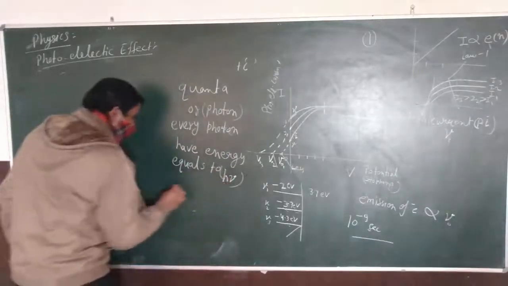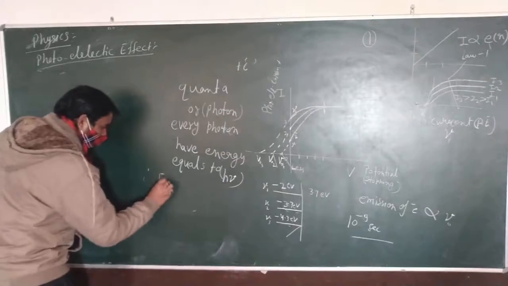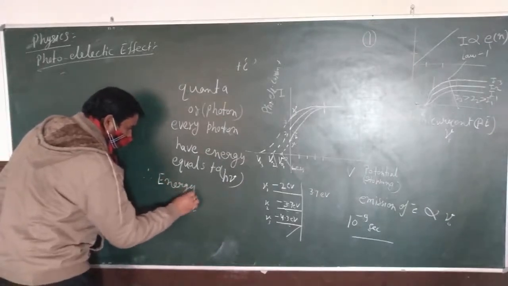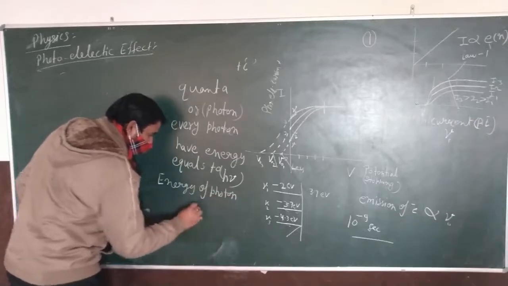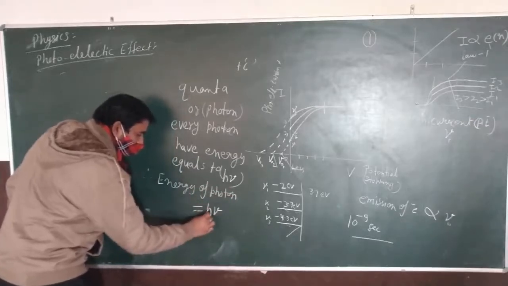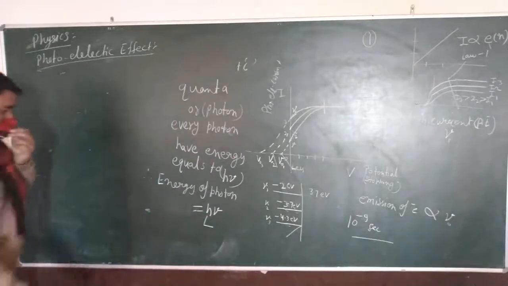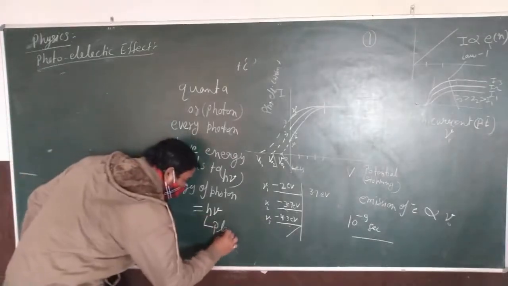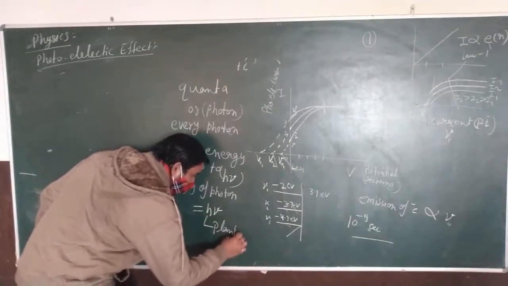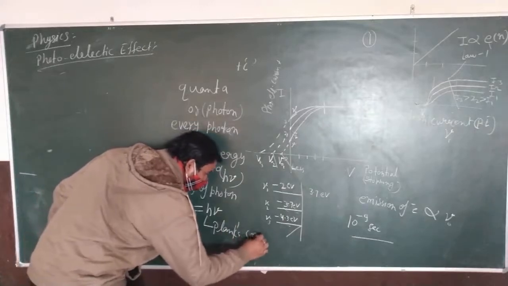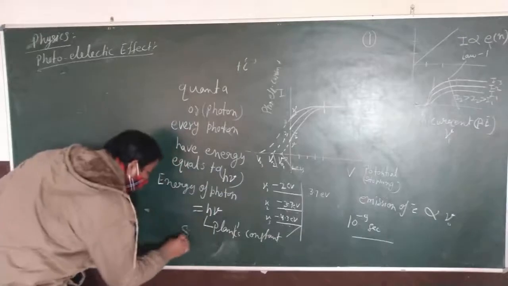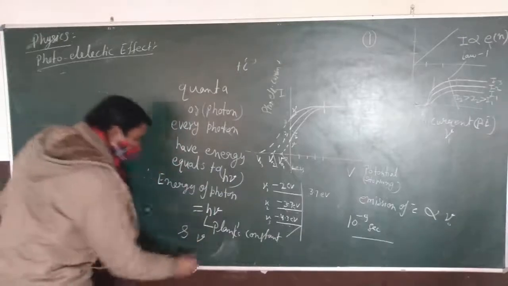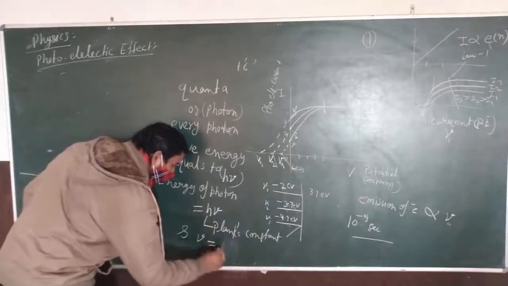Therefore the energy of a photon is h nu, where h is Planck's constant and nu is the frequency of radiation.